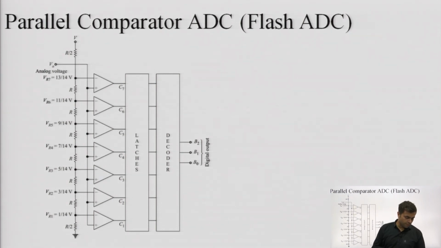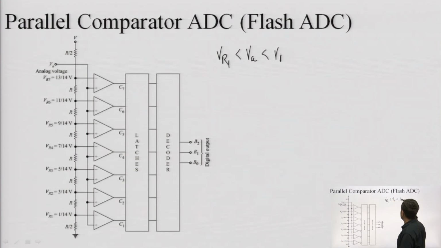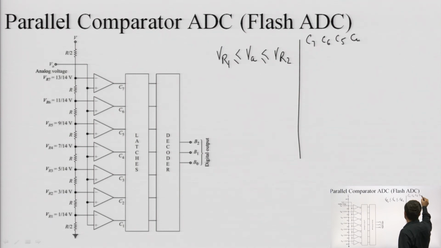So this is the same thing, and we can prepare a table. If my analog voltage VA is greater than VR7, we have to make such an arrangement that if VA is greater than VR1 but less than VR2, or we can mention this sign as well, then we look at comparator outputs C7, C6, C5, C4, C3, C2, C1 and C0.